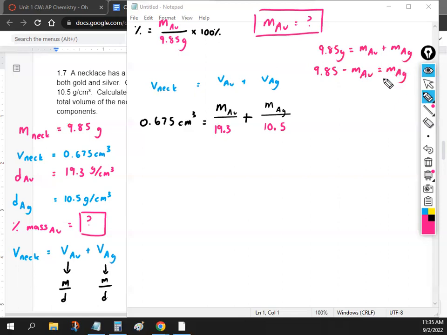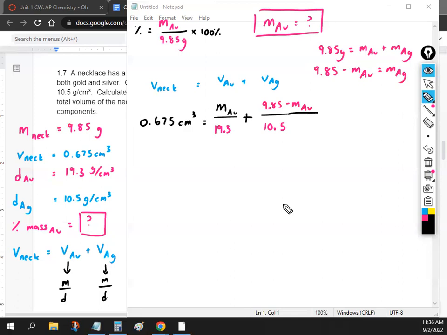And the mass of silver right here, we can replace this with 9.85 minus mass of gold. And there we go. We have a one variable equation. Isn't this fun, guys? Isn't this math fun? Got to come up with your own equations now.